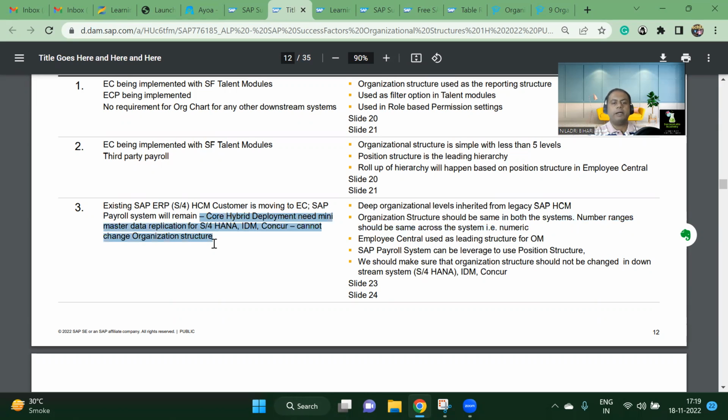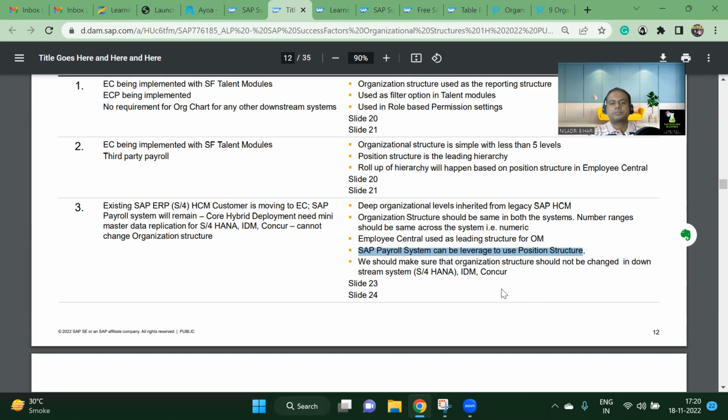If you are having a core hybrid deployment and you need any kind of mini master data replication, whatever S/4HANA you are using, you have to understand this concept. So both the org structure and number ranges should be the same across. It can be numeric. In this case, your EC will be the leading structure for OM, and if you are utilizing the SAP payroll system, it can use the position structure of that.